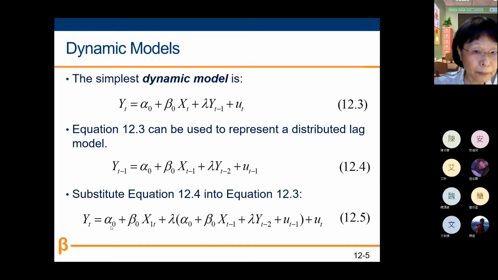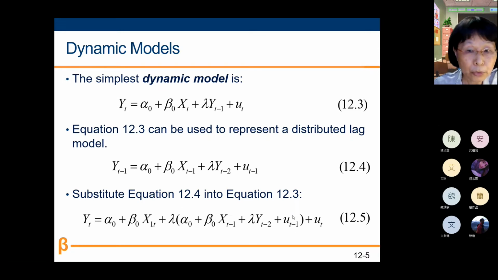Then x_t has beta 0 and x_{t-1} has the coefficient lambda times beta 0, and y_{t-2} has lambda squared.